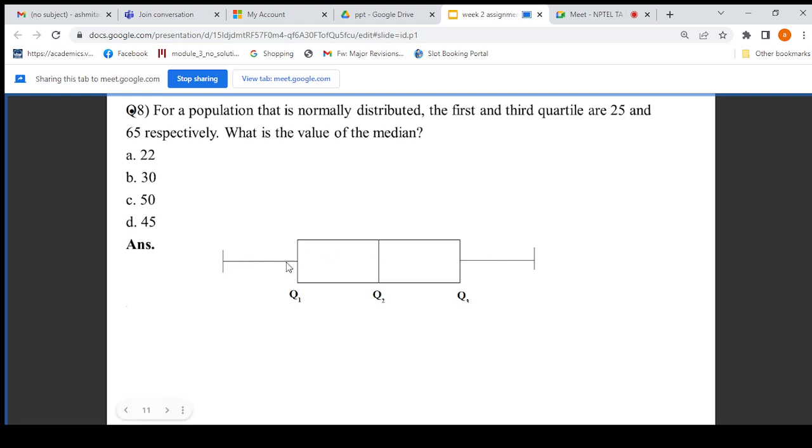These two points are the extreme points, the minimum value and the maximum value of the data set. And what is a quartile, definition-wise?